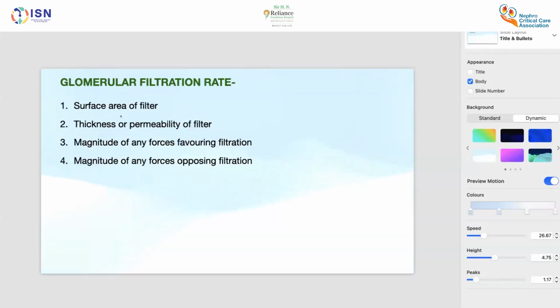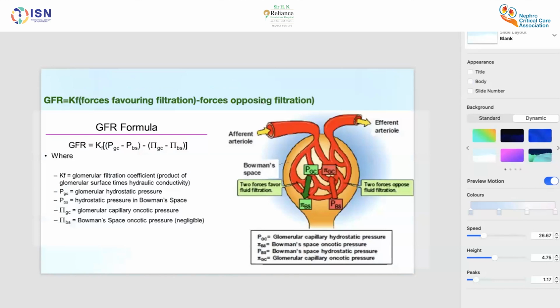The glomerular filtration rate depends on the surface area of the filter, the thickness or permeability of the filter, the magnitude of any forces favoring filtration, and the magnitude of any forces opposing filtration. These are the typical Starling forces. So glomerular filtration rate is the filtration coefficient multiplied by the forces favoring filtration minus the forces opposing filtration.